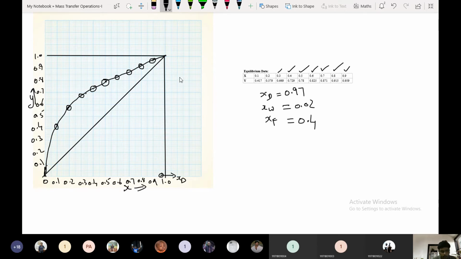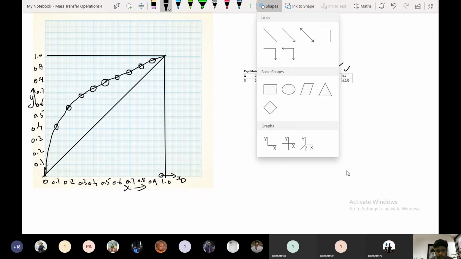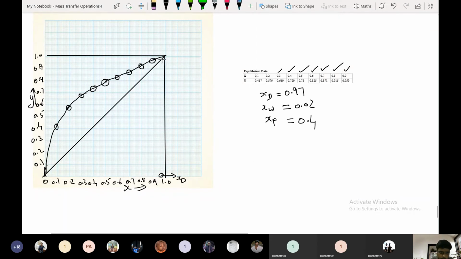From this XD point we project up to the diagonal line.